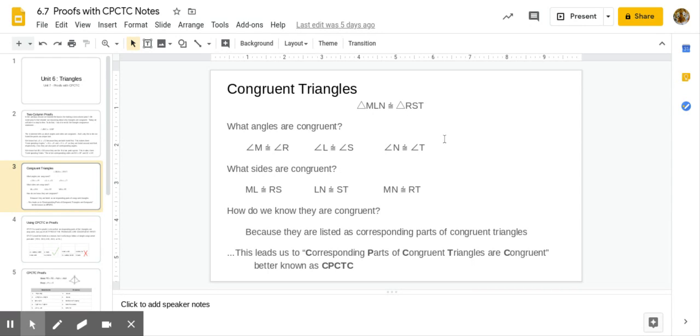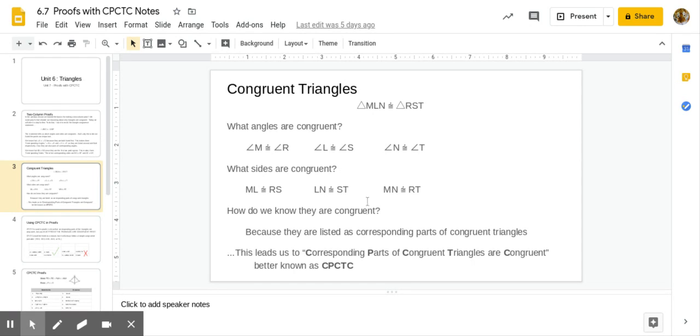How do you know they're congruent? Well, we know they are because they're listed in corresponding order. So they are corresponding parts of triangles that we know are congruent. So that leads us to say corresponding parts of congruent triangles are congruent.